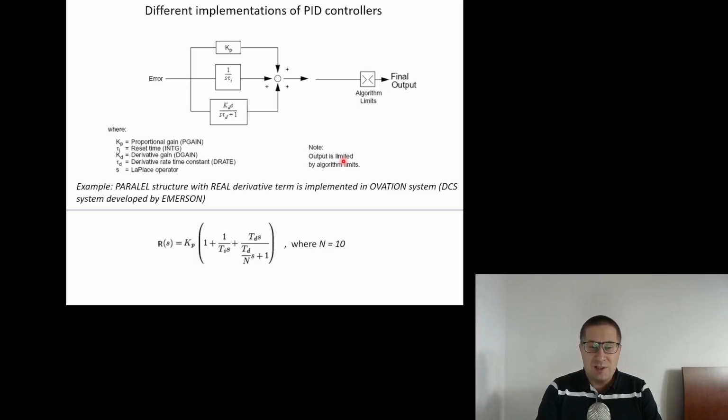This is, for instance, the example of the PID controller that is defined in the Ovation system, the DCS that is usually present in power plants, for instance.